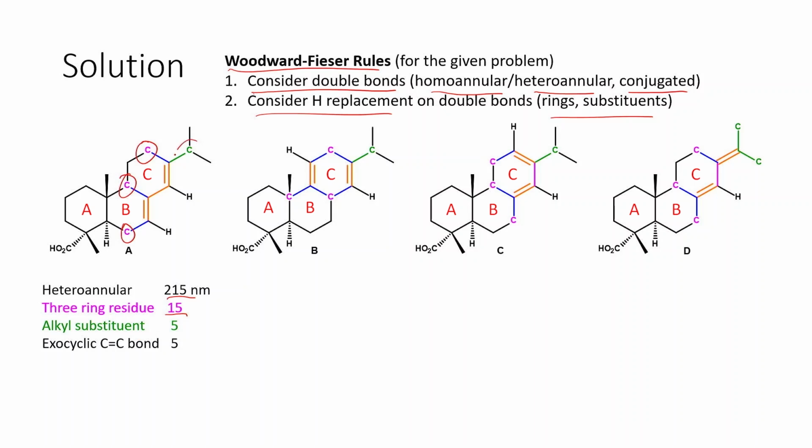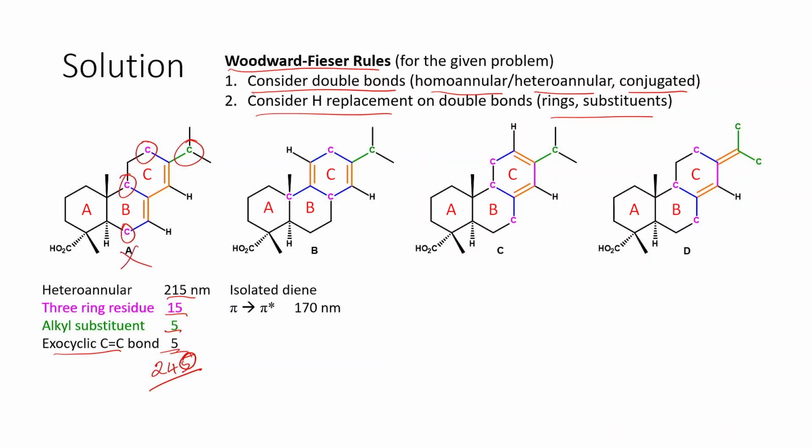The alkyl substituent shown in green also contributes 5 nanometers, and the exocyclic double bond also contributes 5 units. If we add all these, it is going to be 240 nanometers, the lambda max for this system. But in the given problem, the lambda max is 275. So A may not be the right structure.